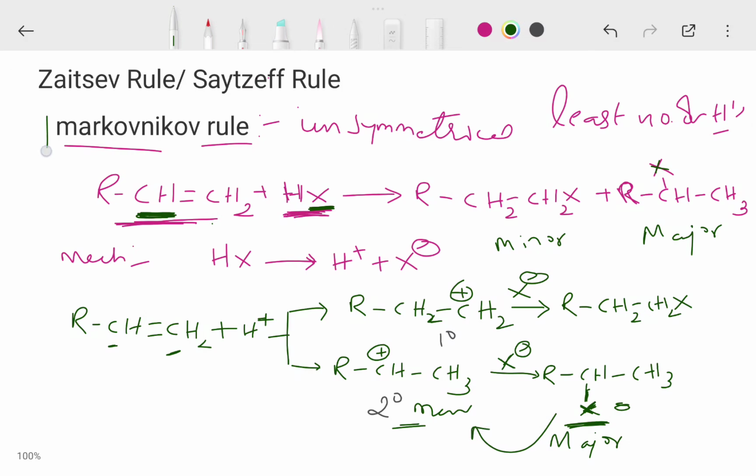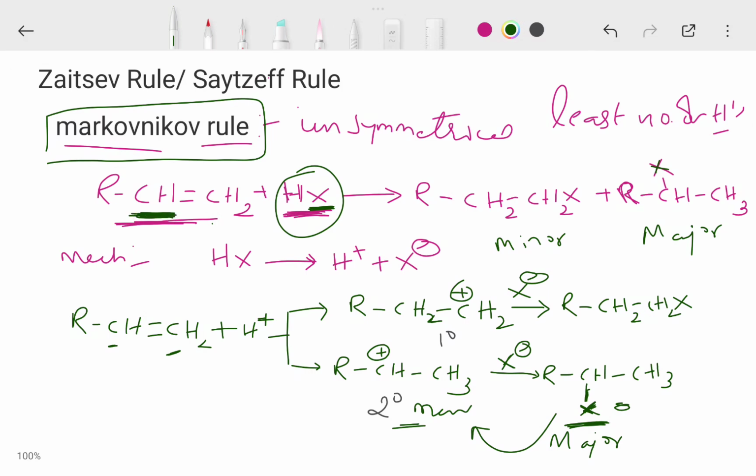This is Markovnikov rule. Simply, we can say that the negative part of the addendum adds on the carbon atom that is joined to the least number of hydrogens.